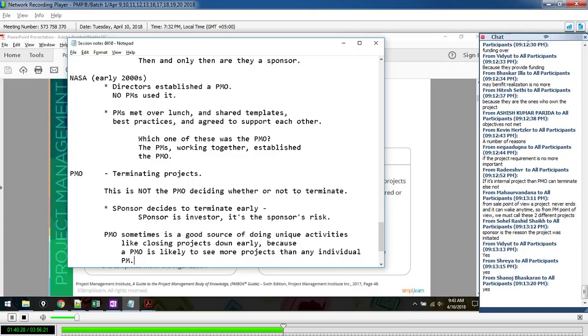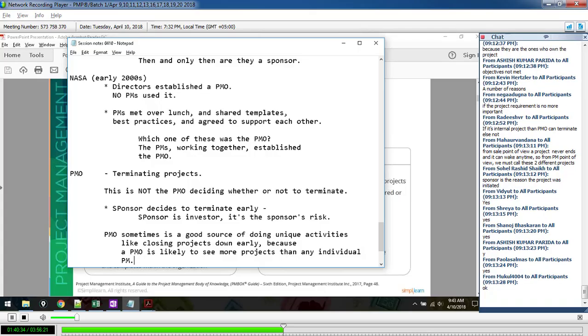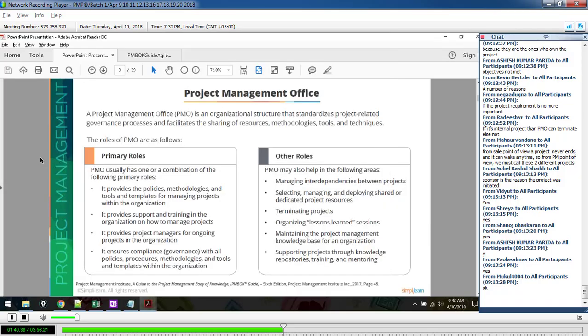The big concept you need to take away from this slide, guys. Let me say this again, okay? The big concept to take away from this slide is there is something called a project management office. It always happens. Sometimes the company creates it. Sometimes it's just a bunch of project managers getting together.